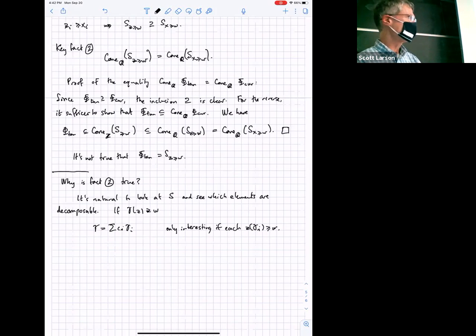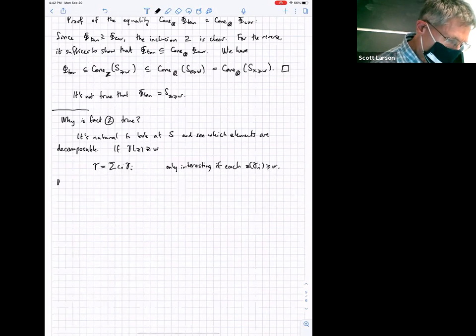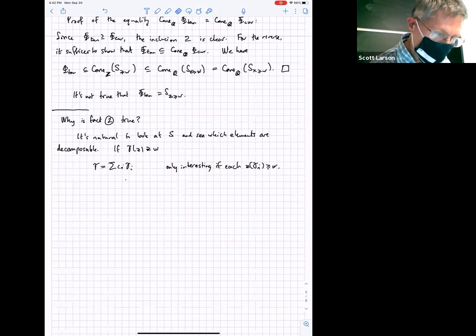We're leaving this set where Z is bigger than or equal to W. So to fix this, I should say Z_i is bigger than or equal to W when c_i is not 0, right?